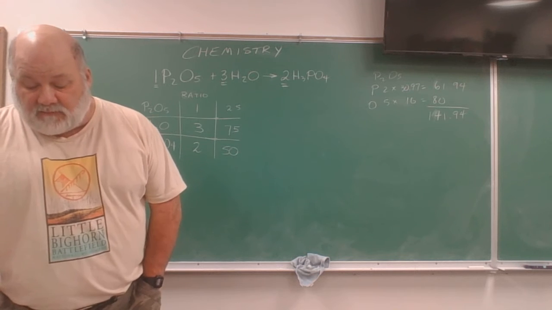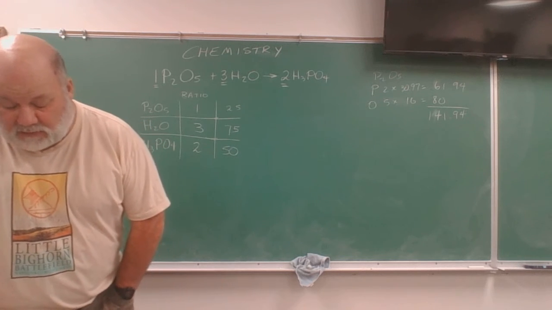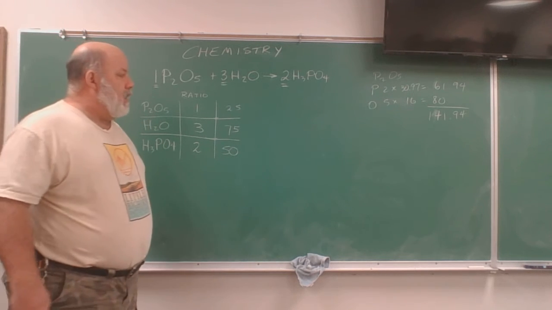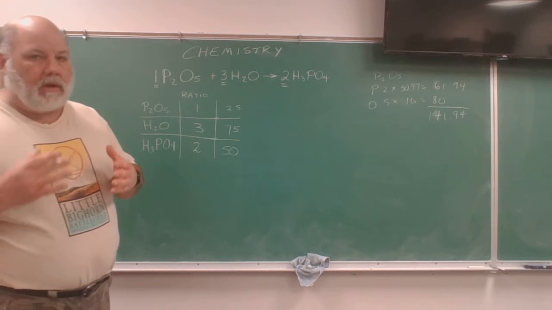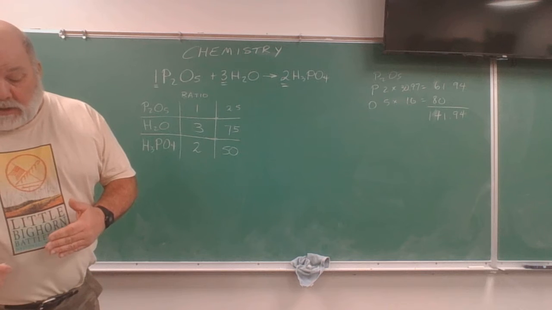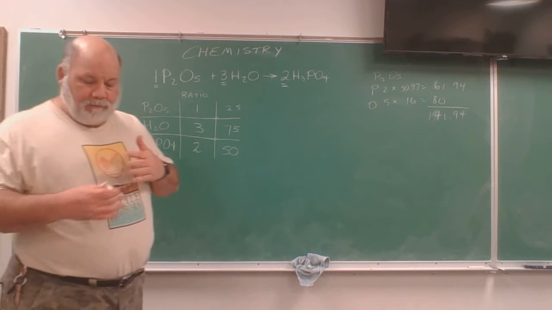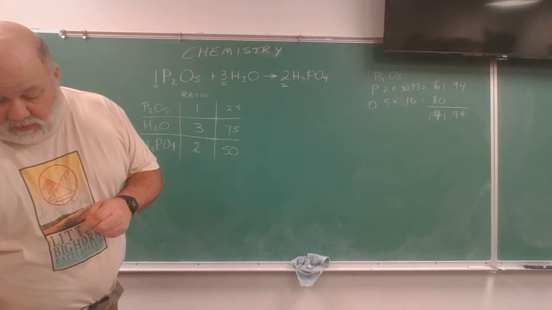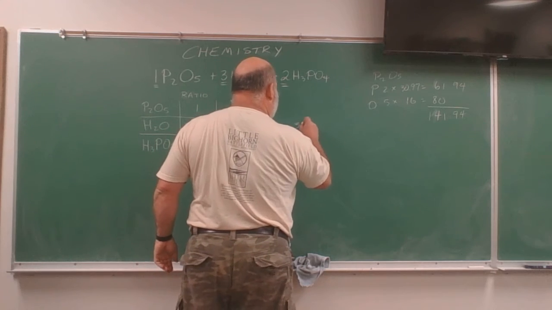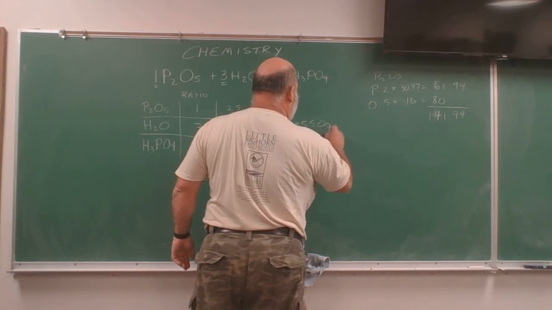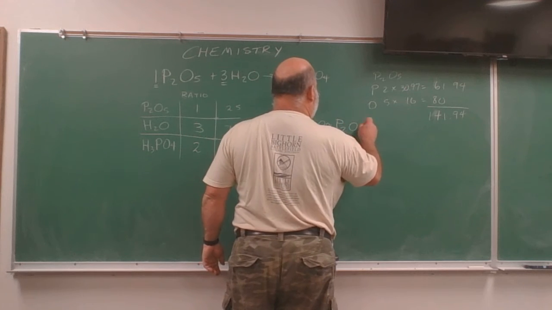from 3,550 grams of phosphorus pentoxide? Now, they've given us the amount by mass of the diphosphorus pentoxide. It's 3,550 grams of the P2O5.